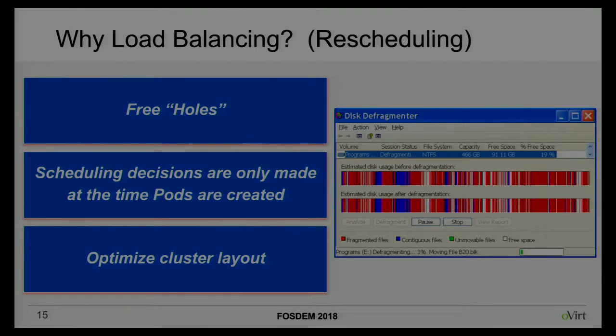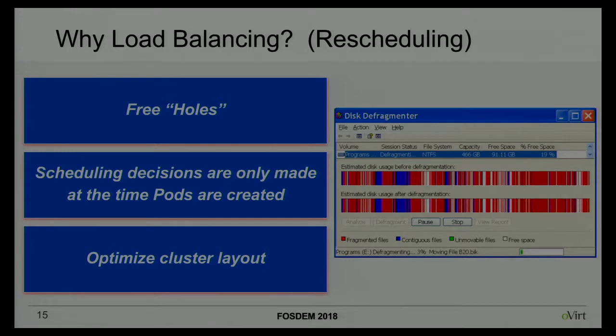Because of that, we need a way to optimize the cluster layout. We want to look at the situation and decide, okay, I have some pods running on certain nodes, and maybe if shifting them to other nodes will optimize the cluster layout and give me a more evenly distributed cluster. Or maybe I can switch some pods to other nodes and save some power by disabling one node.